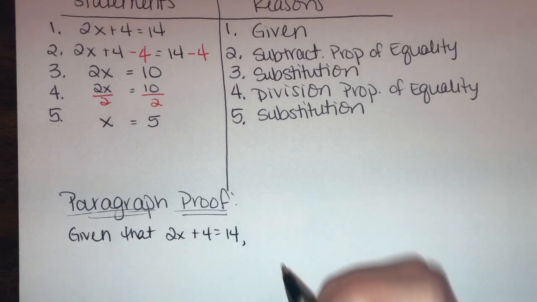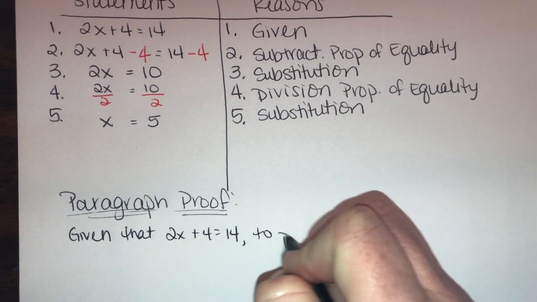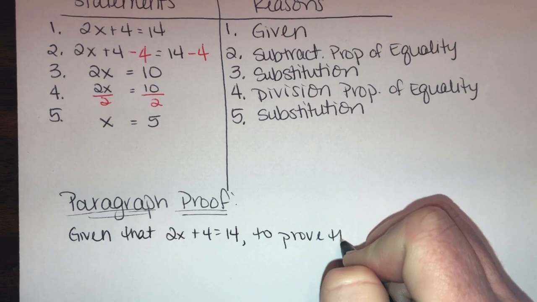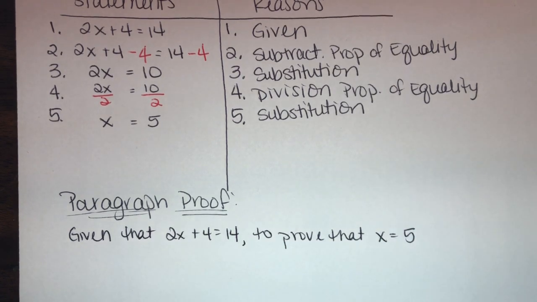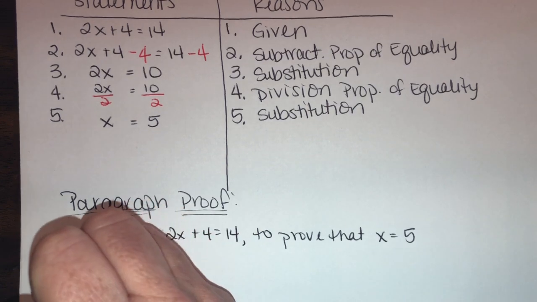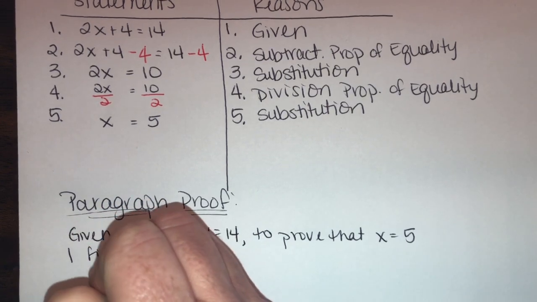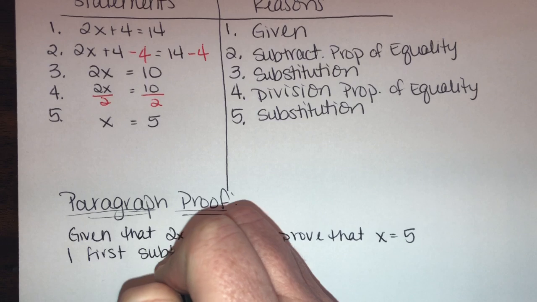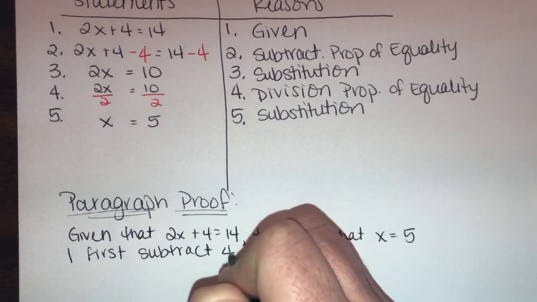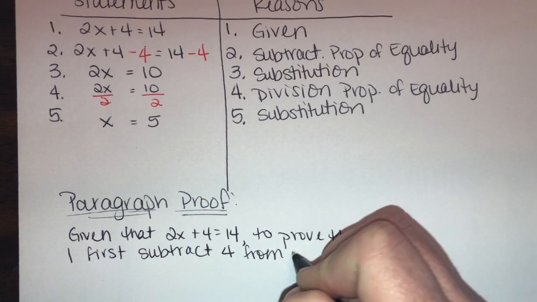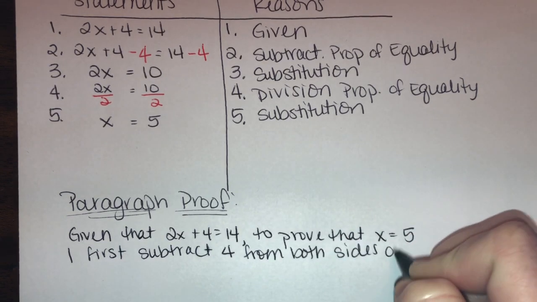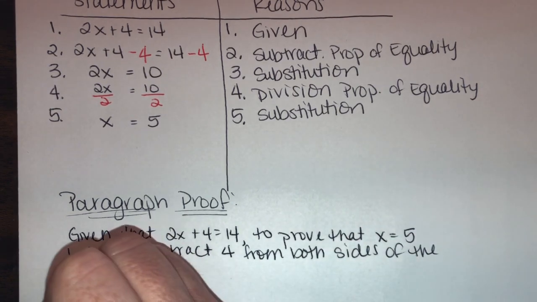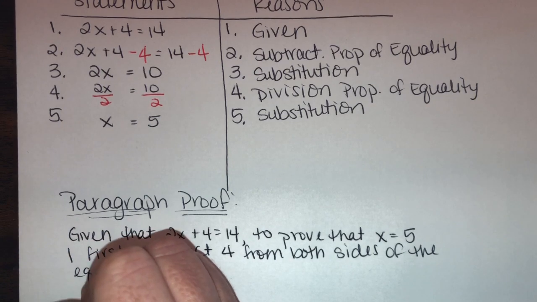I'm trying to solve for x, so I can say, to prove that x equals 5, I first subtract 4 from both sides of the equation.